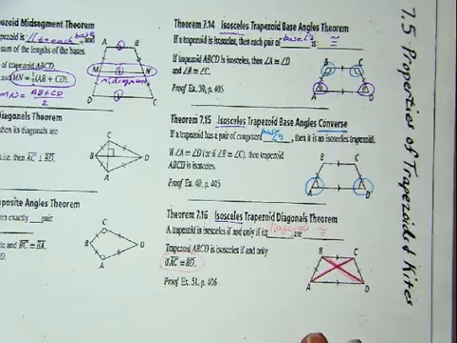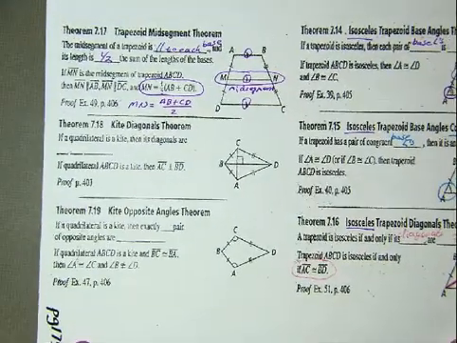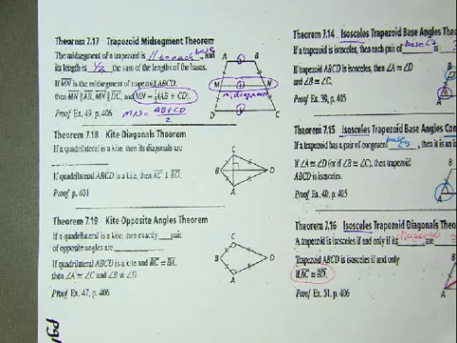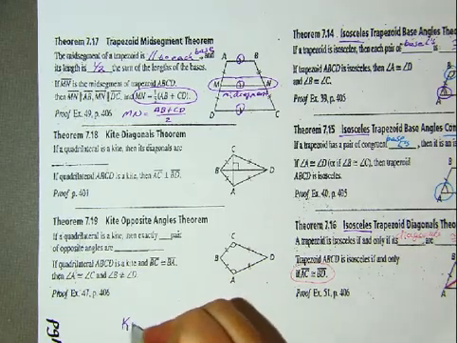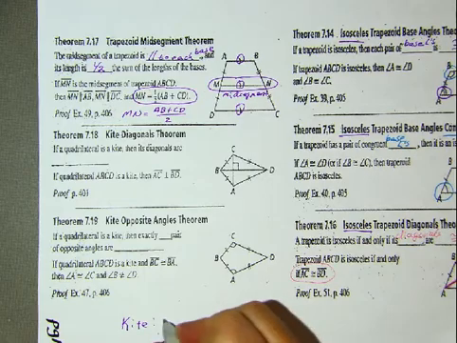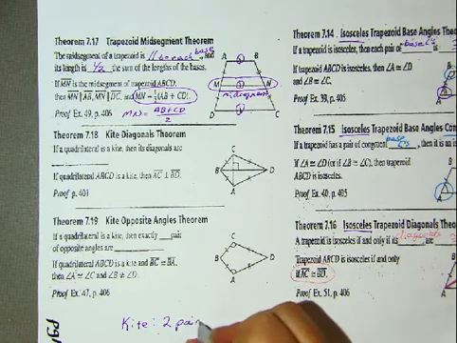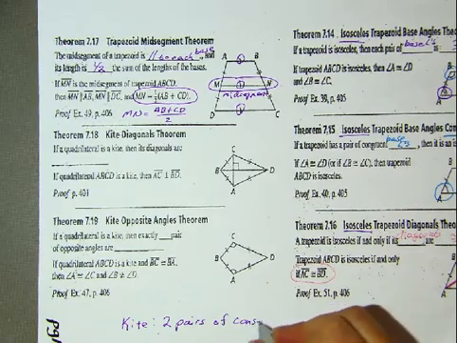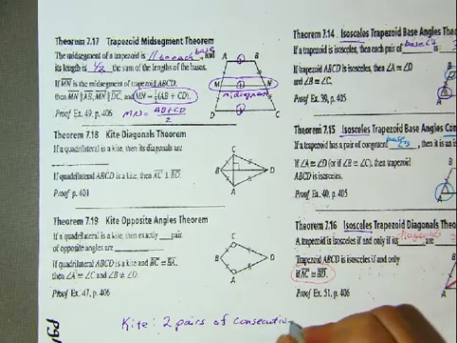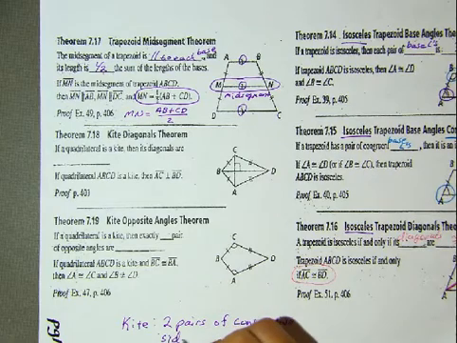So we'll go ahead and move over to the left again, and we're going to look at the kite. Okay, so I do want to have you add a little bit down here to the bottom. So a kite, we have two pairs of consecutive sides are congruent.